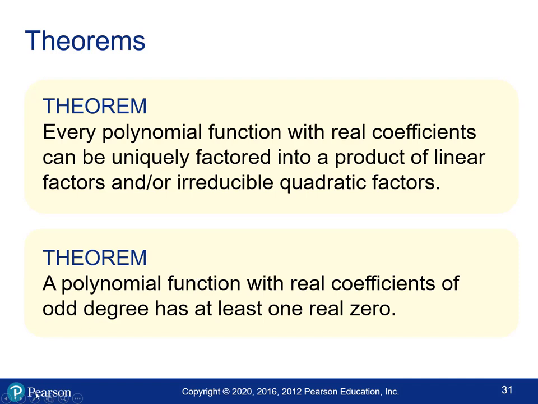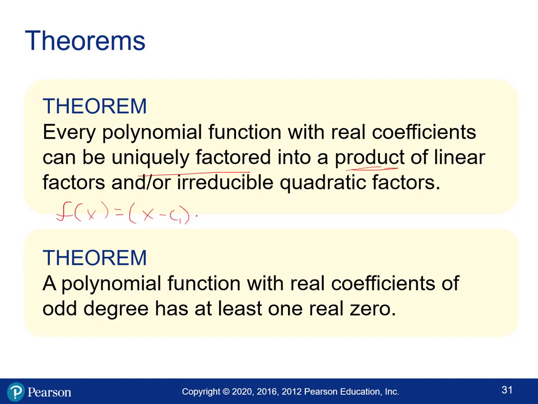And so the last thing to mention for this one is these last 2 theorems. The first one says every polynomial function with real coefficients can be uniquely factored as a product, which just means we're multiplying, of linear factors or irreducible quadratic factors. So that just means that you could take your polynomial function and you can factor it like I had written just a moment ago.